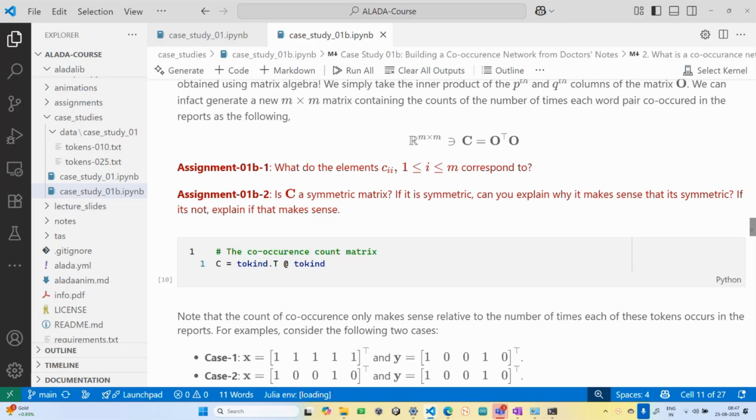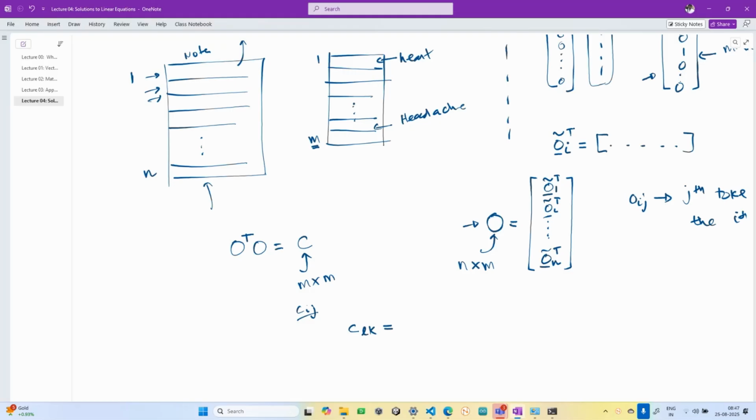So it'll turn out, if you remember, the ijth element will be simply the inner product of the ith row of O transpose and the jth column of O. Okay, and those two have a specific meaning, okay? The row and the column. Okay, and you're essentially taking the inner product, and that will give you the number of times the tokens i and j co-occur in your entire data set.